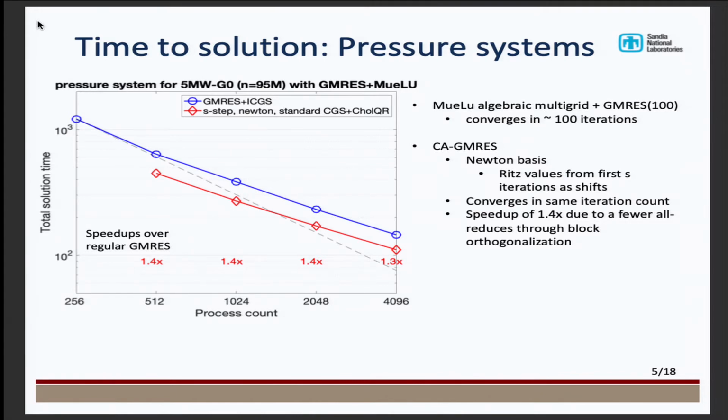For the CA-GMRES, we generated a Newton basis to maintain the stability of the solvers. Using this setup, both standard and s-step GMRES converged in about the same iteration count. By avoiding these communications, we get a speedup of about 1.3 to 1.4.